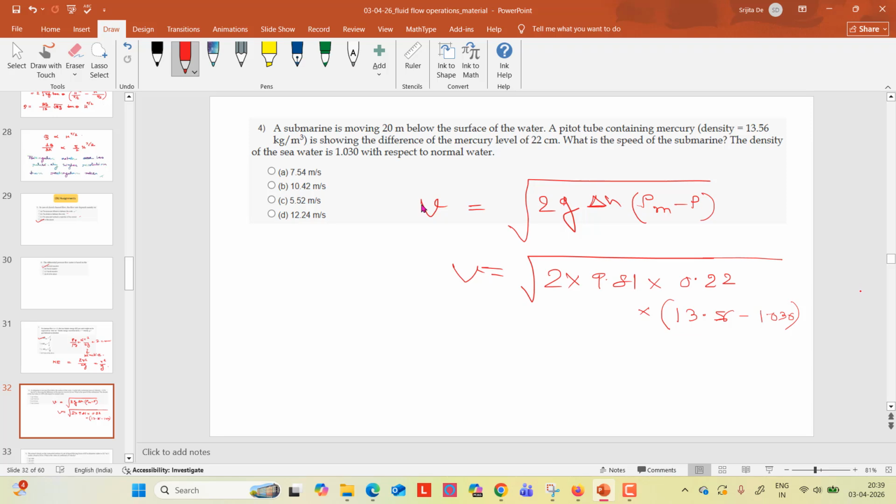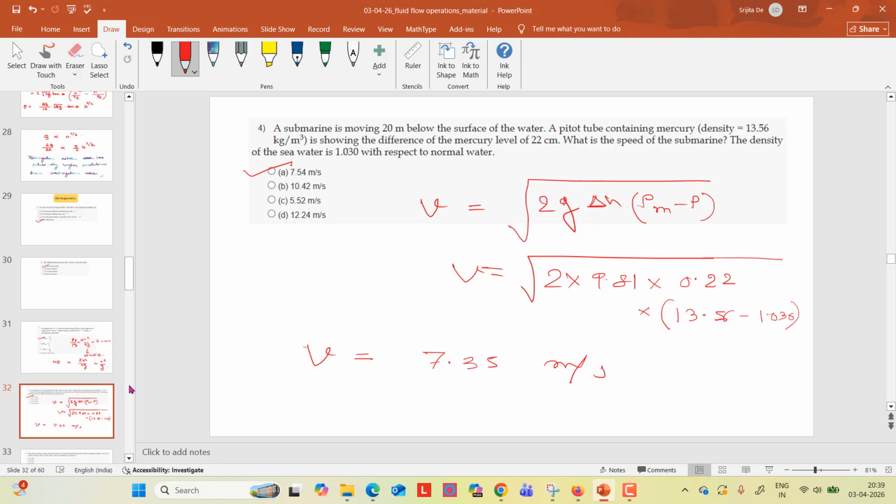So now you can calculate and cross check with my answer. So it is coming as V equals 7.35 meter per second, which is close to this 7.54.